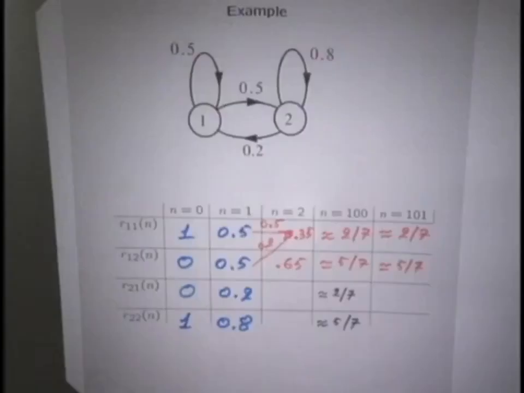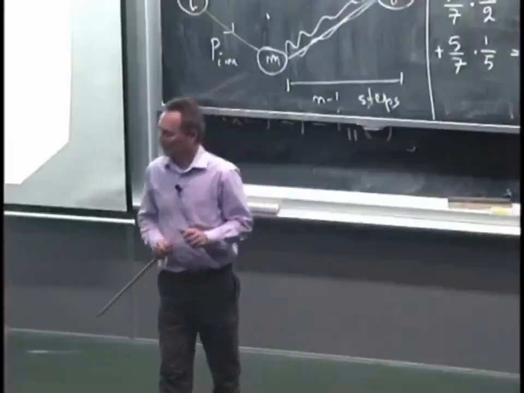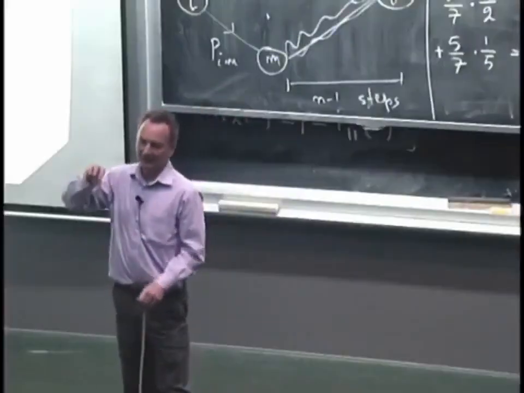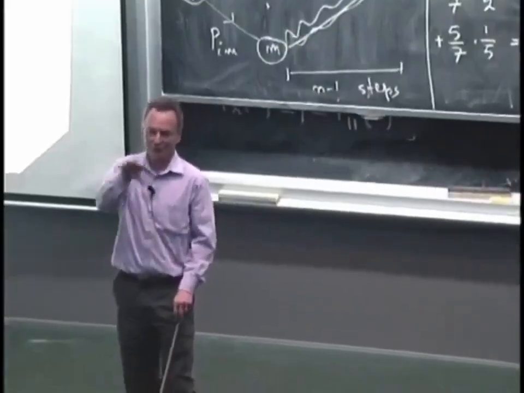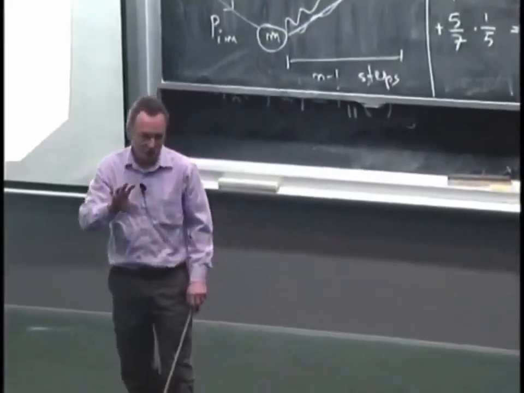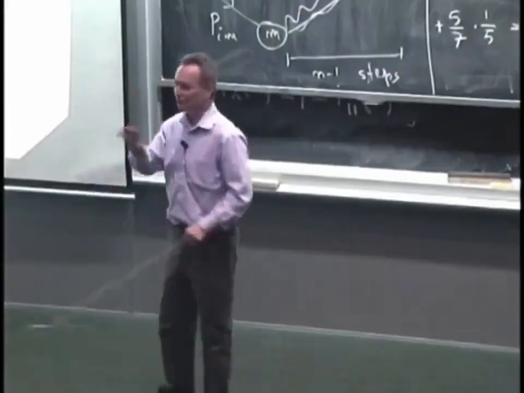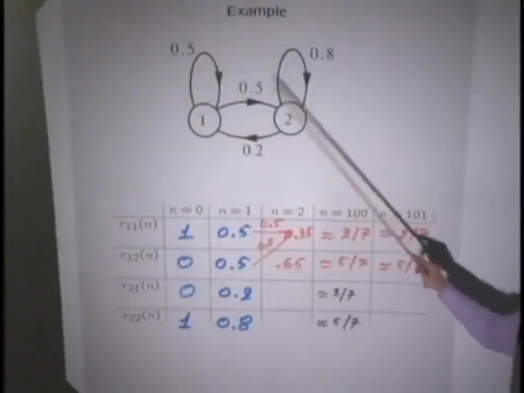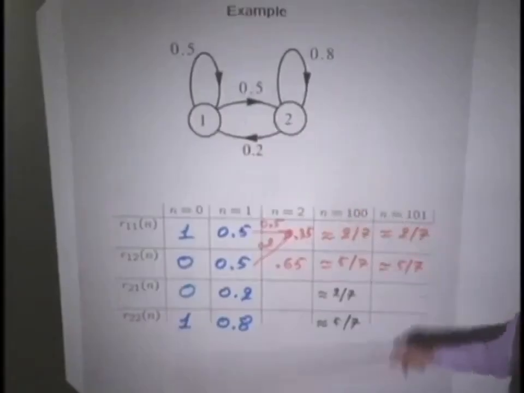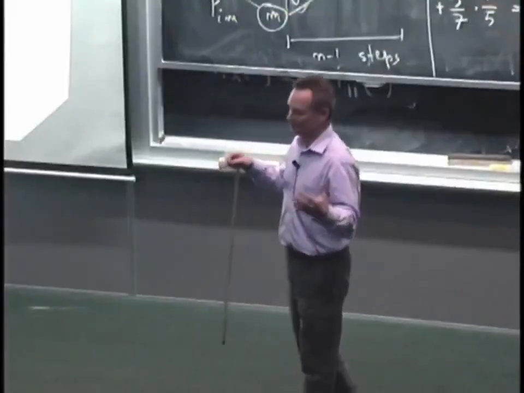Where steady state, what does it mean? Does it mean that the state itself becomes steady and stops at one place? No, the state of the chain keeps jumping forever. The state of the chain will keep making transitions, will keep going back and forth between 1 and 2. So the state itself, the Xn, does not become steady in any sense.